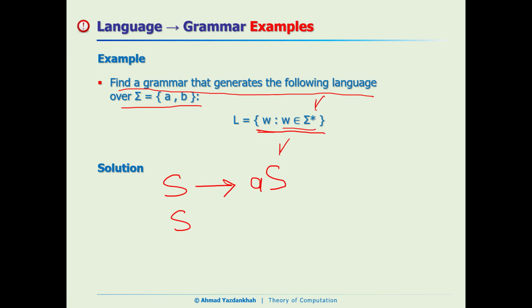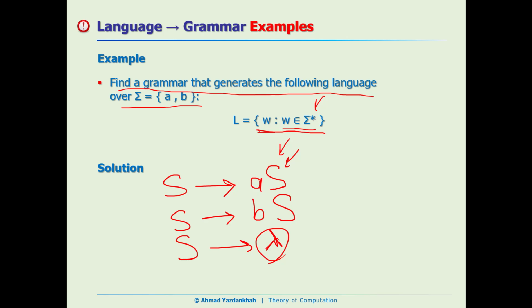So this S can be substituted with bS as well. And I would also need lambda for the final termination. Because if you don't have this lambda, these S's cannot be replaced with something. And this lambda is actually the final termination of the recursion.